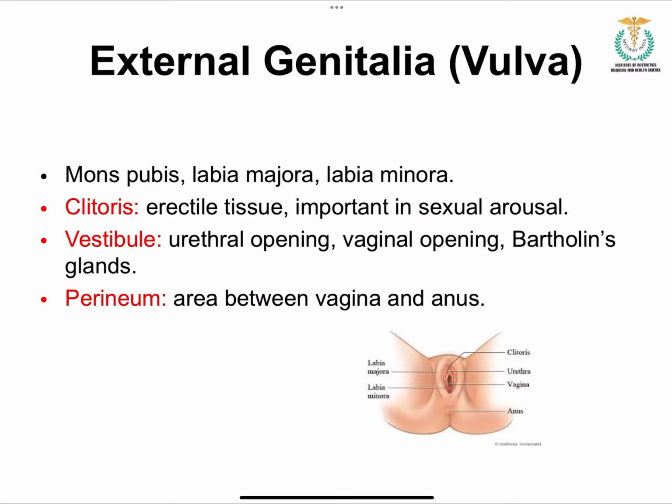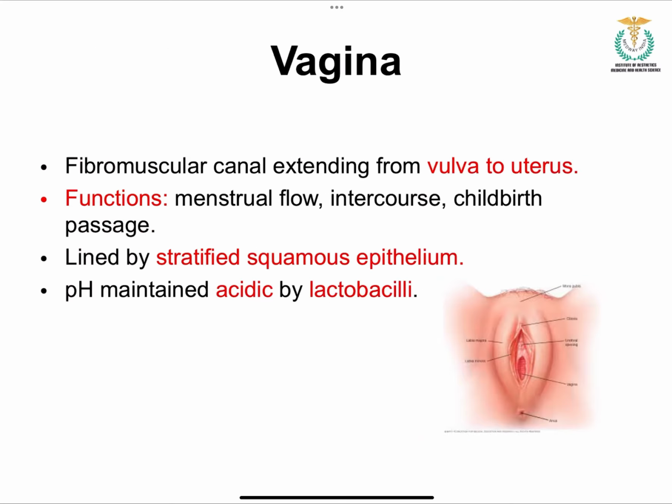Moving on to the vagina. The vagina plays a very important role in childbirth and also defense. It is acidic in nature, and clinically we'll see a few disorders like vaginitis, infections, and trauma. These are the common presentations which we'll see in the OPD.